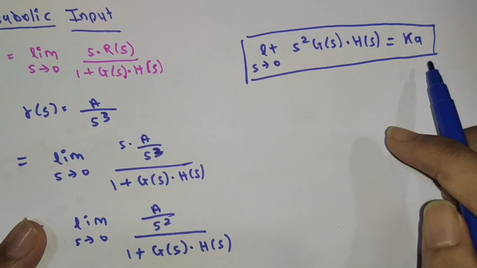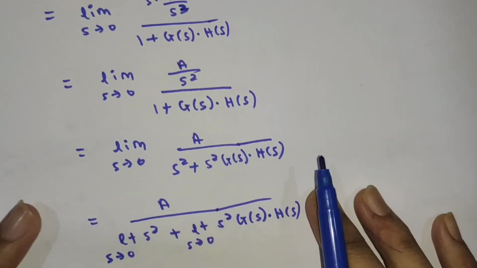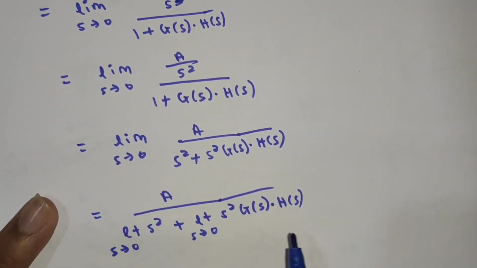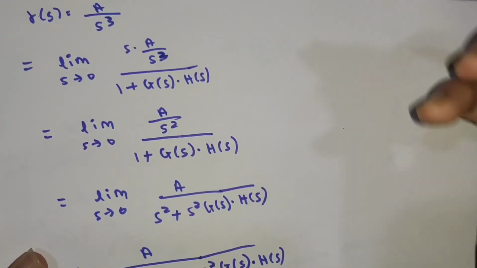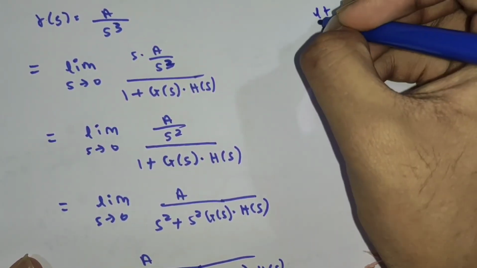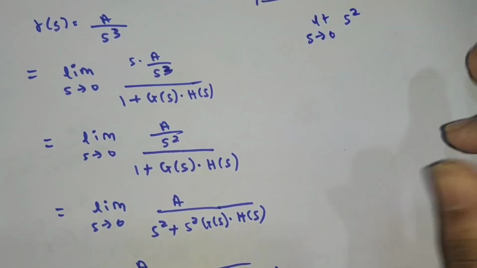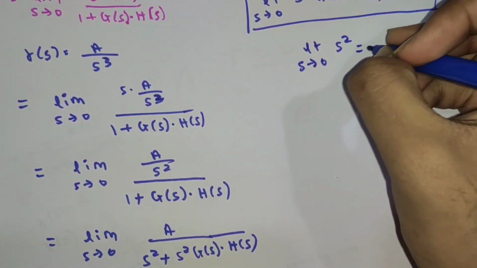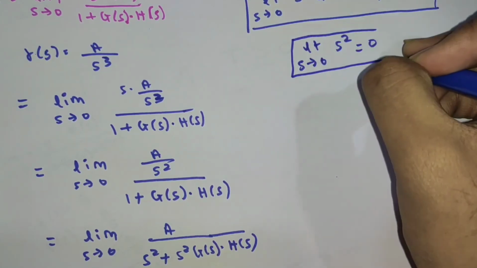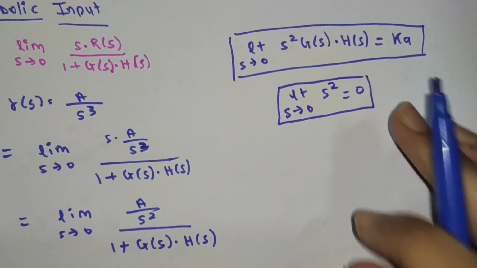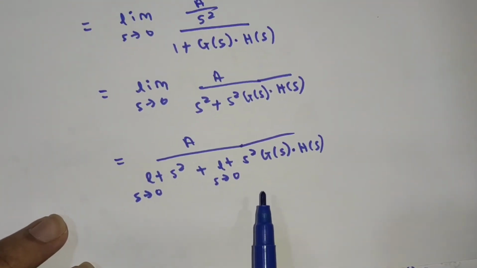So now I am going to substitute this value in this equation, and you already know from the previous sum that limit S tends to 0 of S square is equal to 0. So I am going to substitute these two values in this equation.